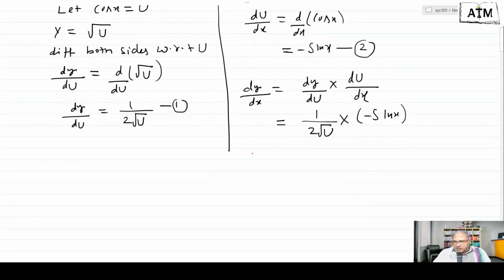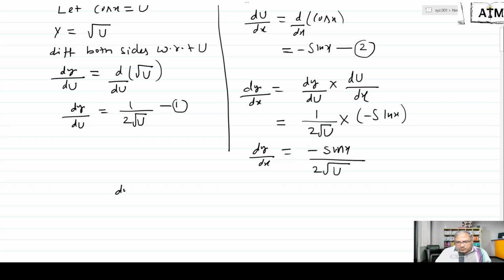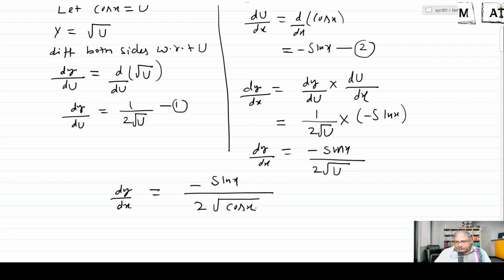So dy by dx equals minus sin x upon 2 root u, and what is u? u is nothing but cos x. So here the cos x will come.